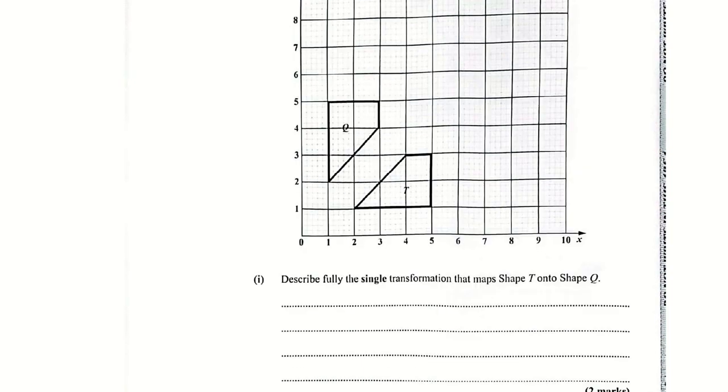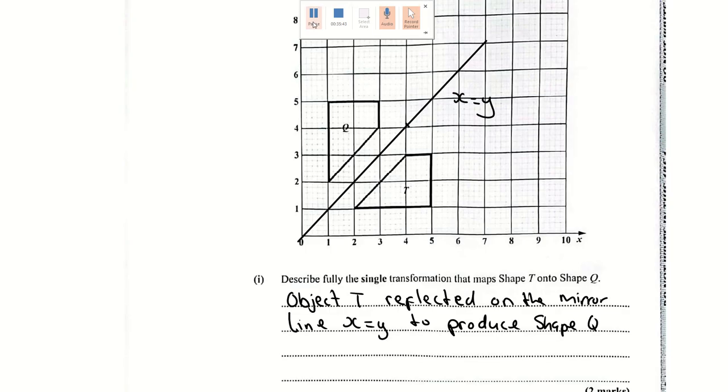So we know that the single transformation, right? We checked to see if this rotated. Because it's T that is rotating, as they say what maps T onto Q, if this rotated, this straight path would have been pointing in this direction, and this part here would also line up here.